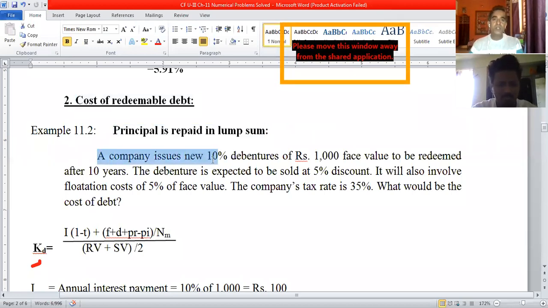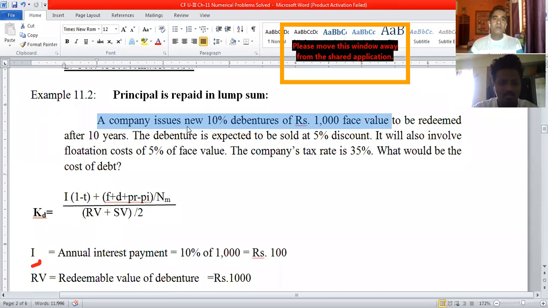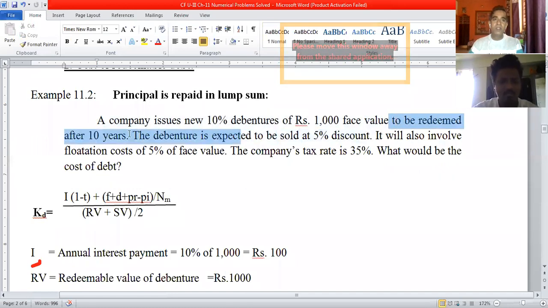A company issues new 10% debentures of 1000 rupee face value to be redeemed after 10 years. So the principal amount will be repaid by the company to the debenture holder at the end of the 10th year.